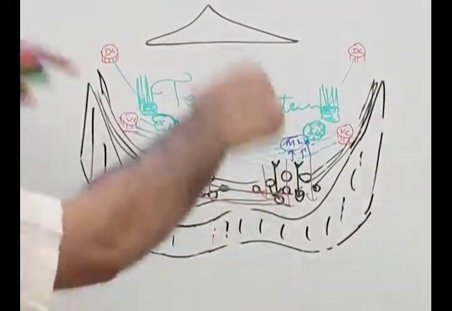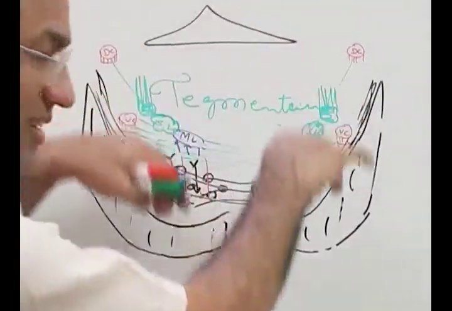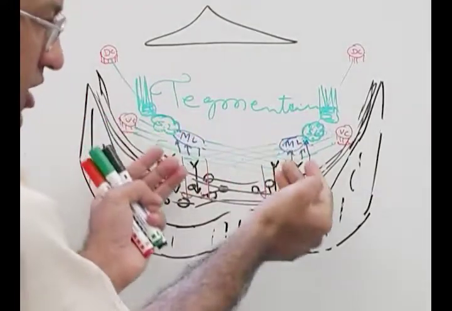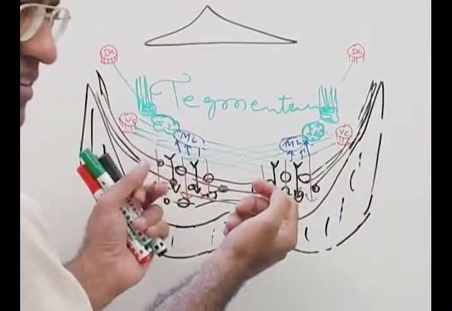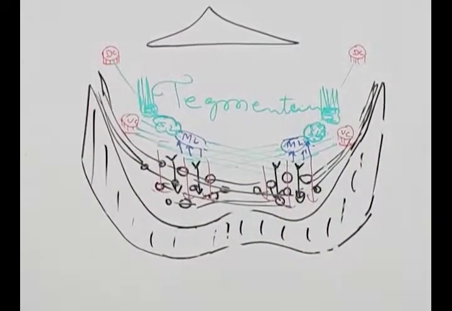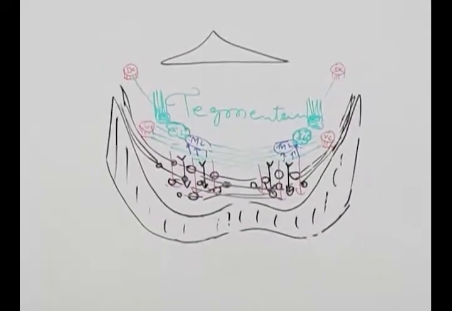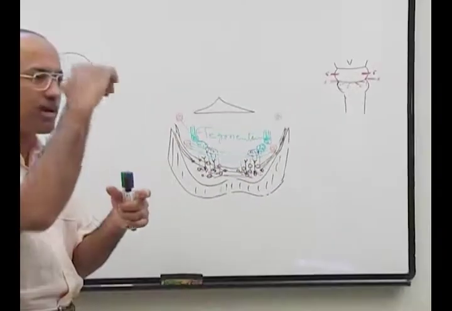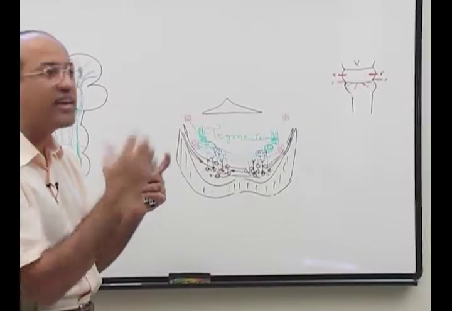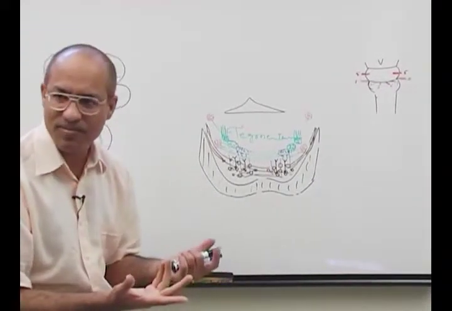So, what we can see is that in front, in the base, there were descending systems, and slightly posteriorly from the base, in the tegmentum, there are ascending systems. Whenever you study a part of the brainstem, you have to understand what are the fibers which are descending, what are the fibers which are going upward, that is ascending, and what are the local systems. Is that right?